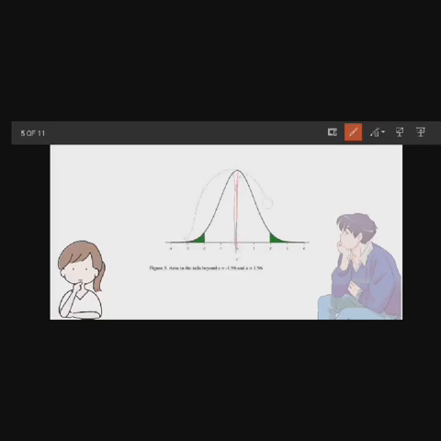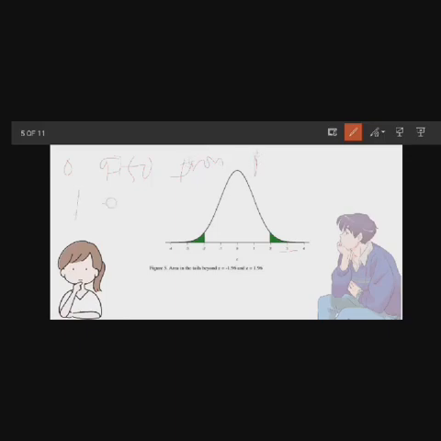To get the value of the positive tail, you have to subtract the z-score value, 0.9750, from 1.